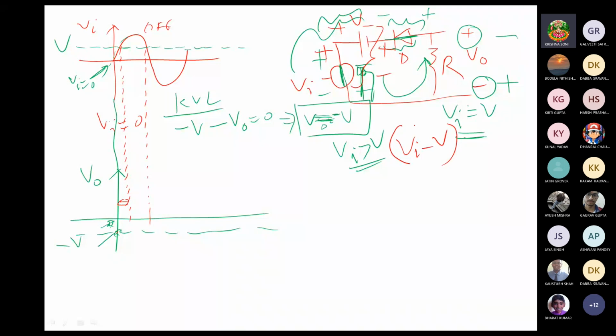So as Vi is increasing, this Vi minus V will also increase. So in this duration, our output voltage is going to increase like this, sinusoidally. So it is increasing from minus V volt to 0 volt. And for this duration, when the diode is off, we will have a 0 voltage at the output.